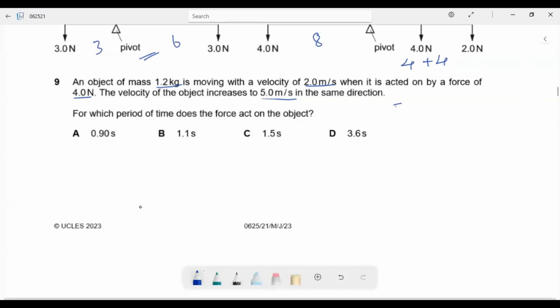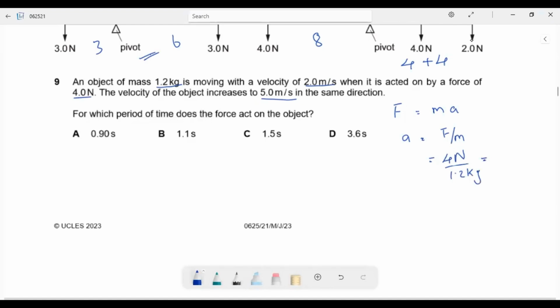So force F is equal to ma. a can be written as F by m. Force is equal to 4 Newton and mass is 1.2 kilogram.